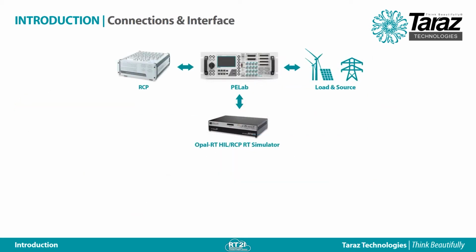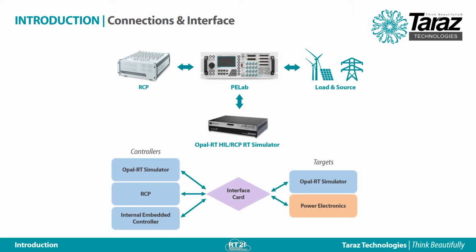So to summarize the system connections, the PELab basically connects to a real-time HIL simulator, an RCP, and to the loads and sources. So what does the interface card do? It multiplexes 3 controllers to 2 targets.